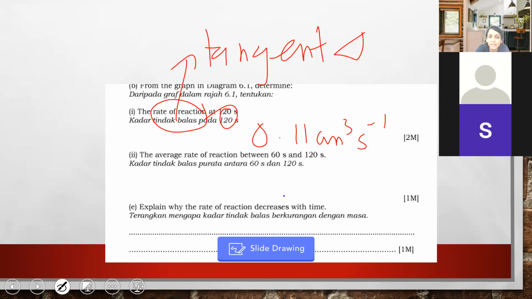Now, look at the next one: average rate of reaction between 60 and 120 seconds. When you see the word average, do I need to draw a tangent in the graph?